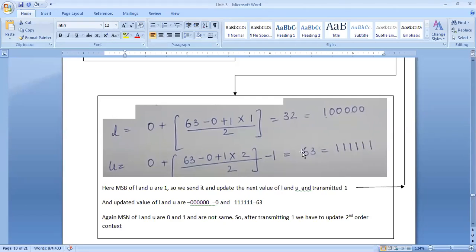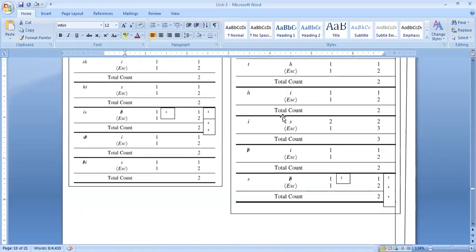Convert this 63 in binary format of 6 bits, that will give 6 ones. And again here you see the most significant bit, meaning the leftmost one. So the most significant bit is 1. Okay, and again both are the same. So we will transmit 1 for the symbol T here.